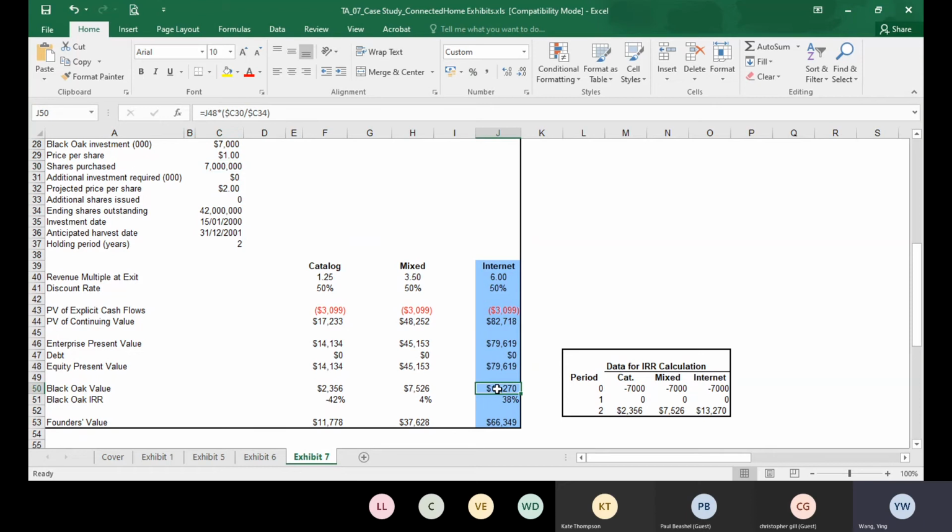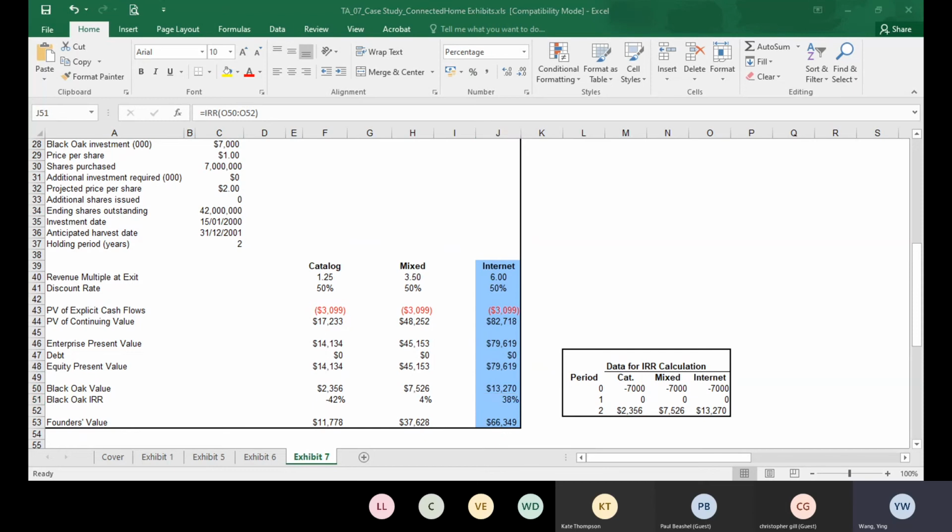It's 13,270,000. That is why, for the strategic vision we briefly discussed, Connected Home proposed a mixed strategy, but now the venture capitalists prefer internet alone. So this is where it is best.